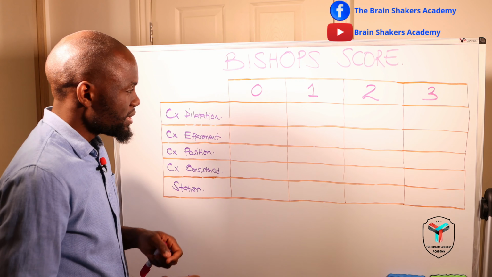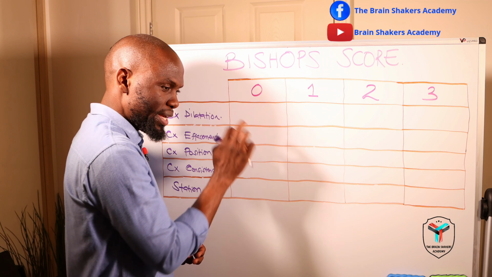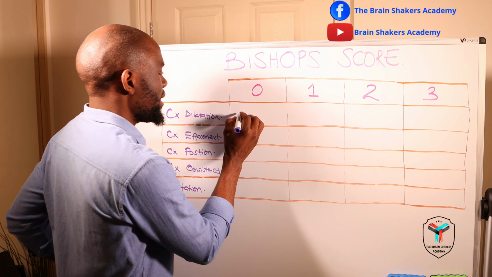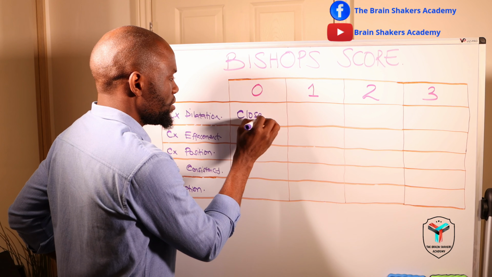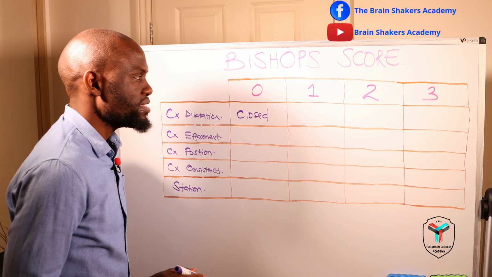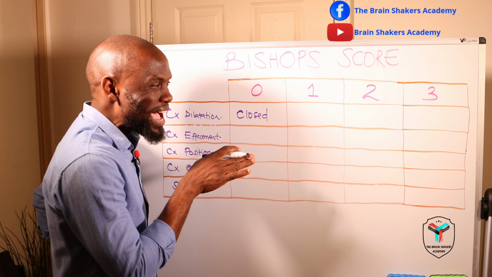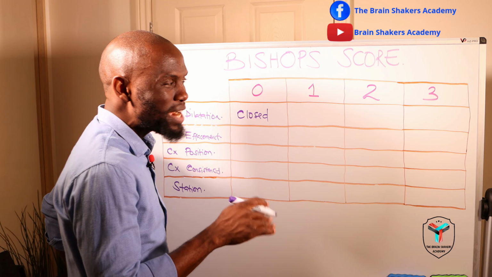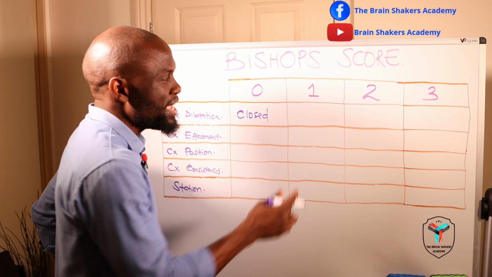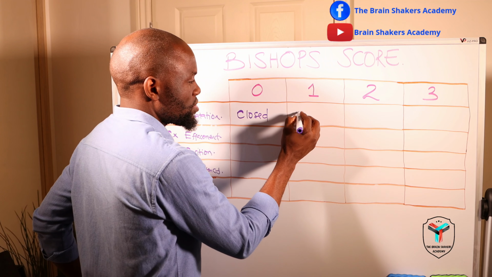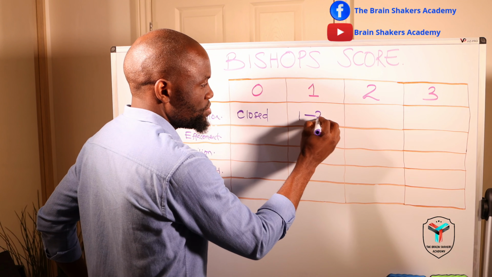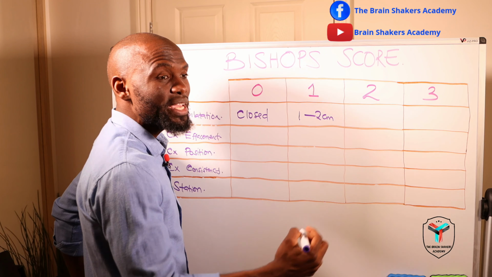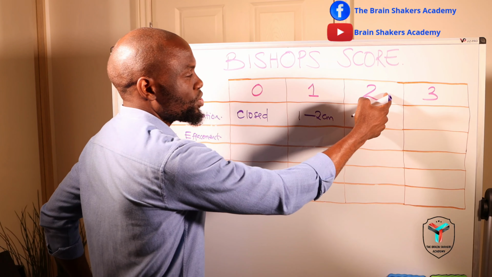So with the cervical dilatation, we are going to score it as 0 if the cervical os is closed. If the cervix has already begun to open a little bit and is open about 1 to 2 centimeters, then we'll score it a 1. When the cervix is about 3 to 4 centimeters, then we'll score it a 2.